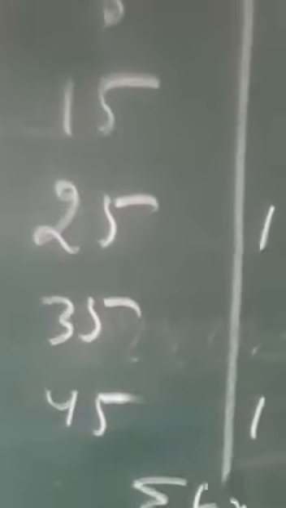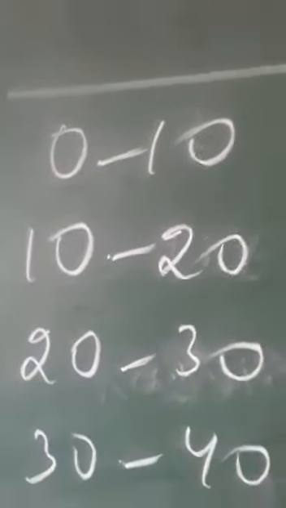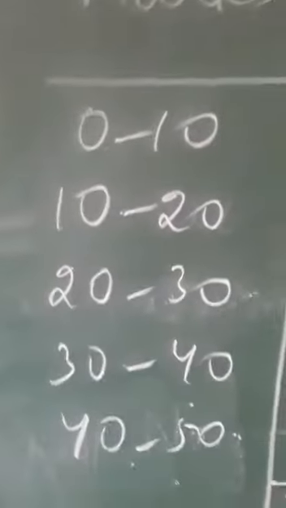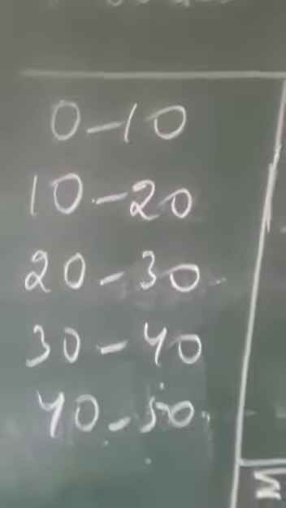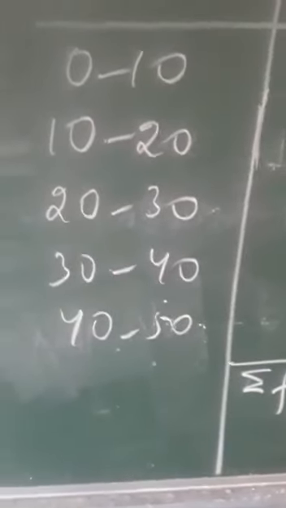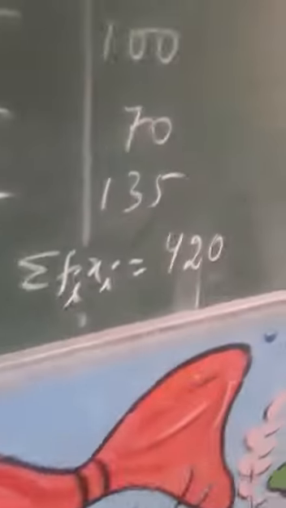For example, the class size is 10 here: the difference between 0 and 10 is 10, the difference between 10 and 20 is 10. Similarly, the difference between the upper limit and lower limit is a common term, 10.